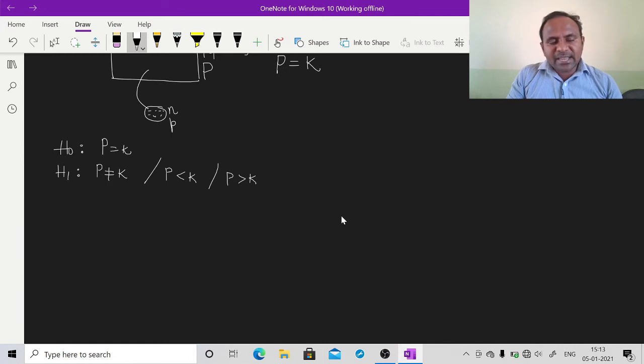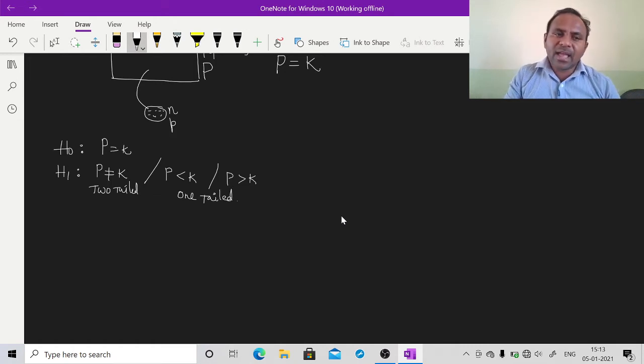When it is P not equal to K, it is called a two-tailed alternative, whereas in these other two cases it is called a one-tailed alternative.